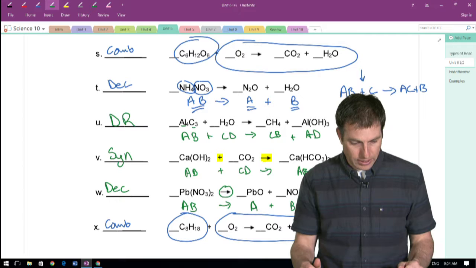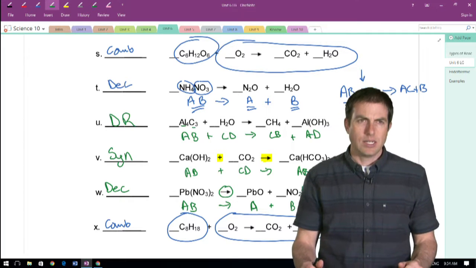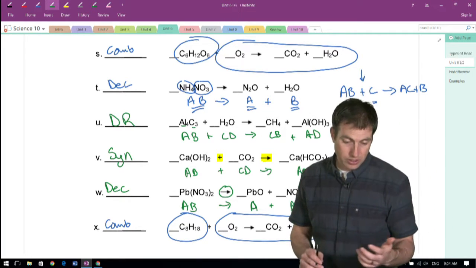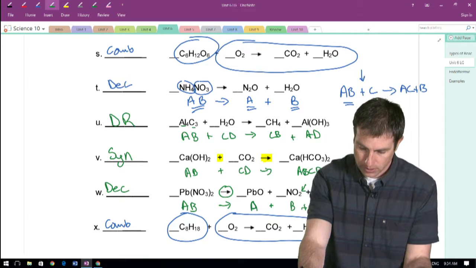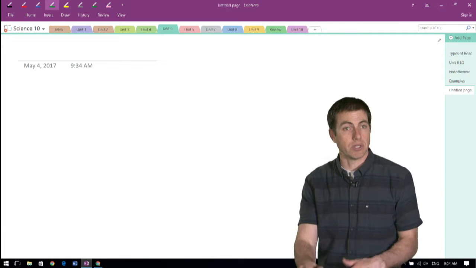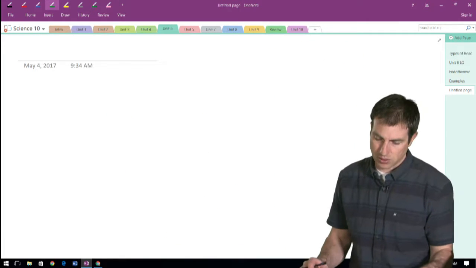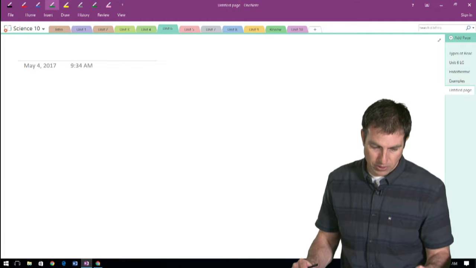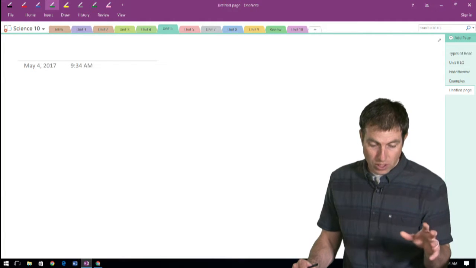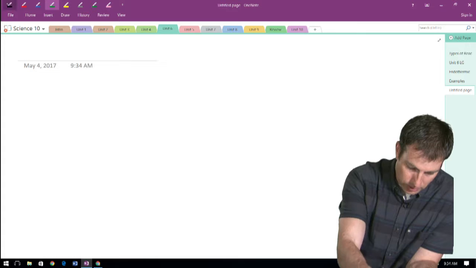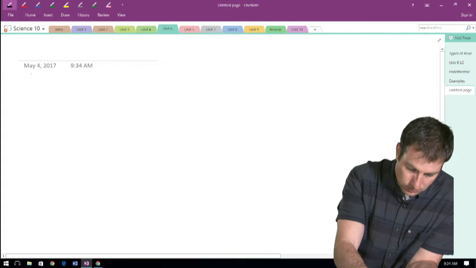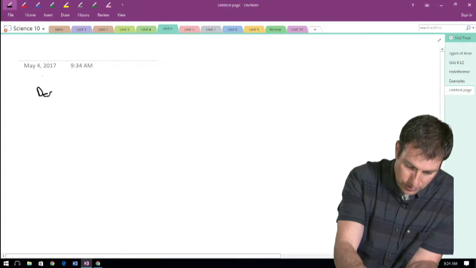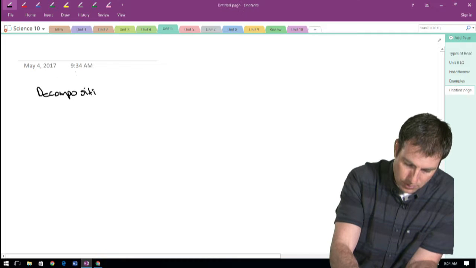Let's maybe, just thinking I could write down just a kind of like a summary. If you guys want to jot this down, you can, just to kind of simplify things perhaps a bit further. So our different types of reactions were, we had a decomposition was the first. Then we had a synthesis.